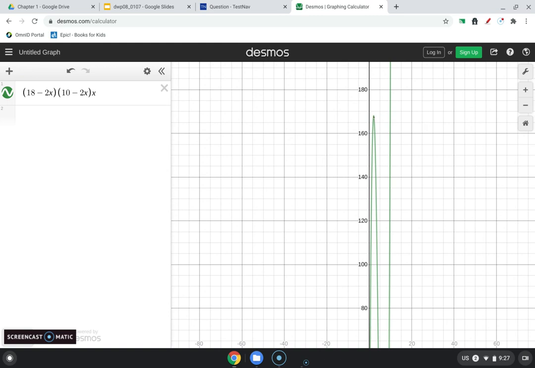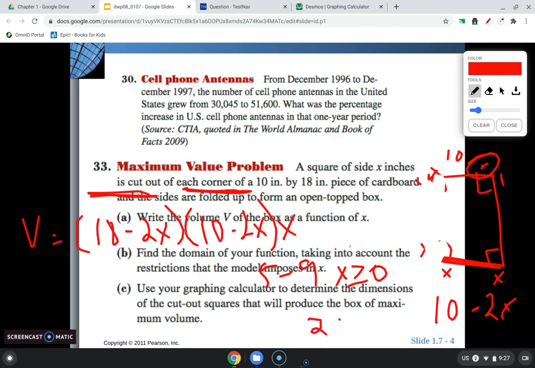That gives us our maximum volume. It's right there. So we would want to make our x length 2.06. 2.06 inches would give us our maximum volume, and that falls between, I'm sorry, this should be 0 to 9. That falls in our practical domain. That doesn't make either one of those 0, so we have to be between 0 and 9. So 2.06 inches. All right.